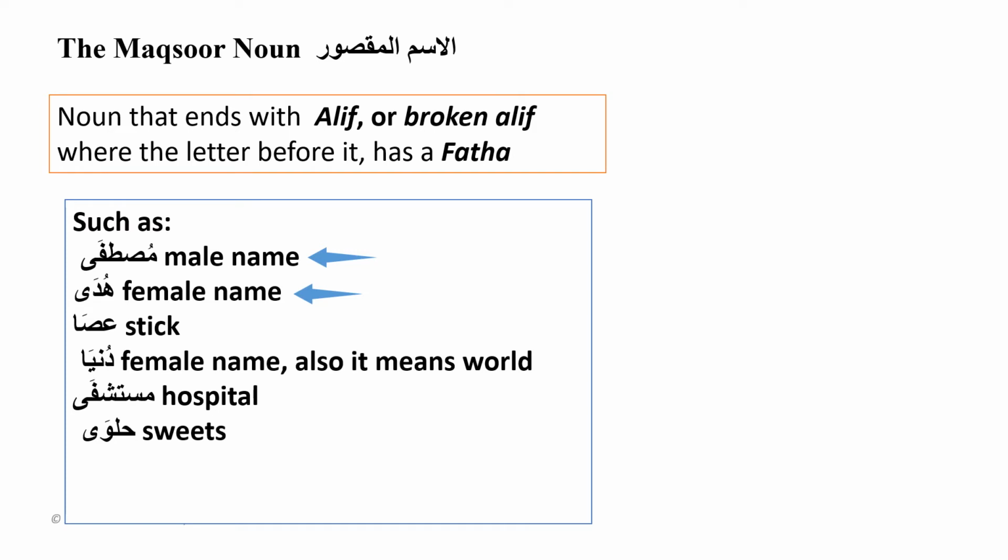The first one, Mustafa, there's fatha on fa. The second one, Huda, there's fatha on dal. Asa, fatha before alif. Dunya, fatha before alif. Mustashfa, fatha before broken alif.